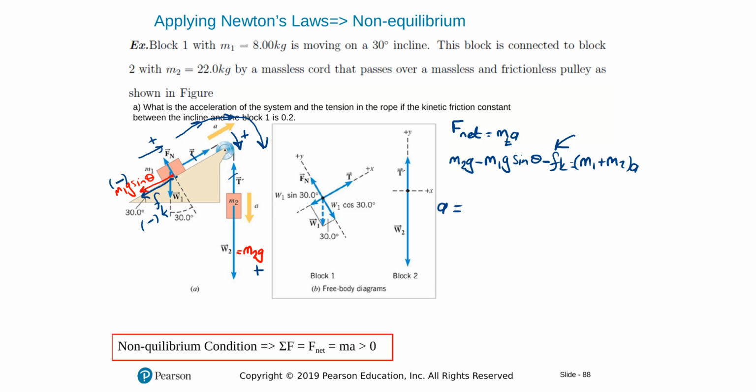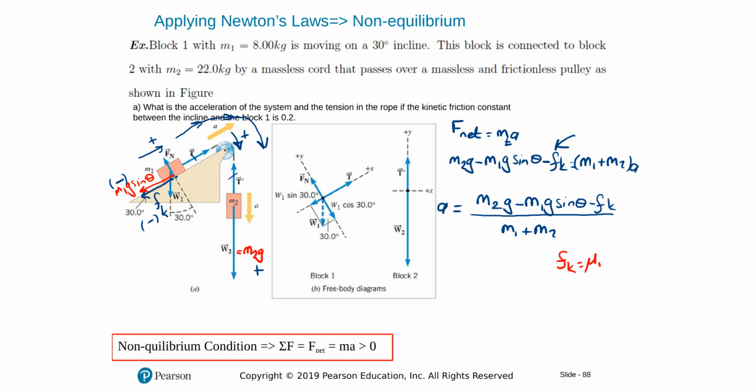When I divide both sides by M1 plus M2, A will be equal to M2G minus M1G sine theta minus F kinetic, divided by M1 plus M2. I'm going to find that F kinetic, let me put it aside here, maybe with a red, as always.